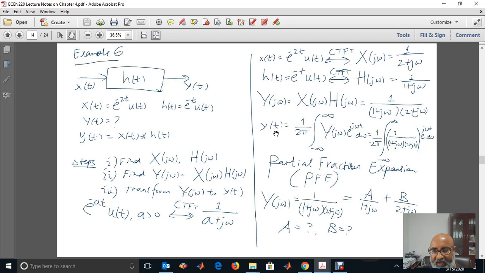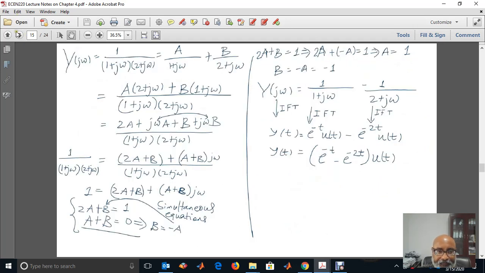Okay, to find y(t), we have this inverse formula, but this integration is a little bit complicated, not easy, but we can use partial fraction expansion. So we have 1 over (1 plus j omega)(2 plus j omega) equals A over 1 plus j omega plus B over 2 plus j omega.